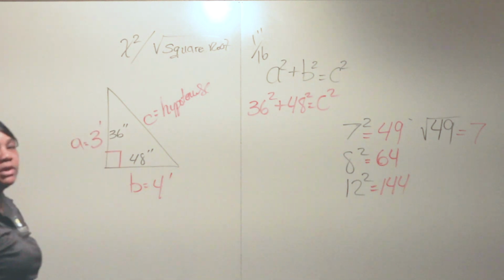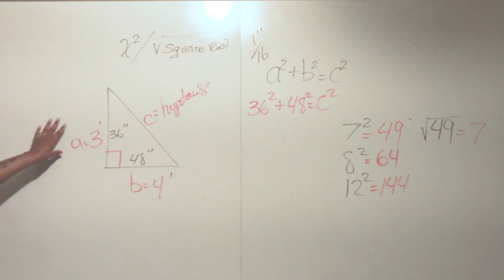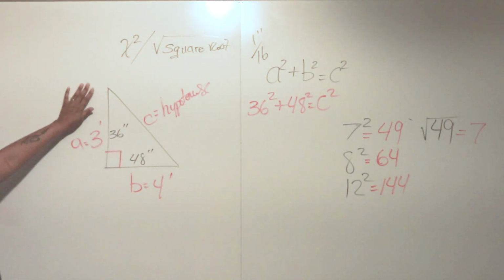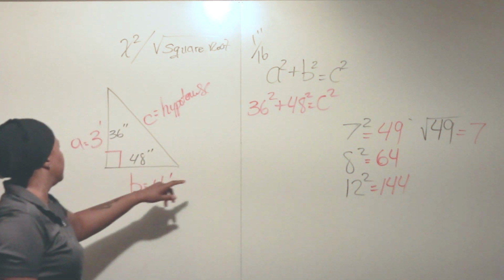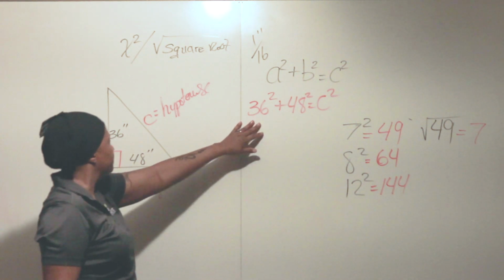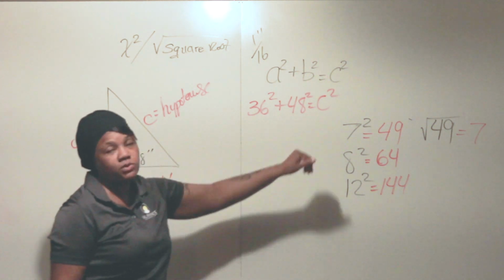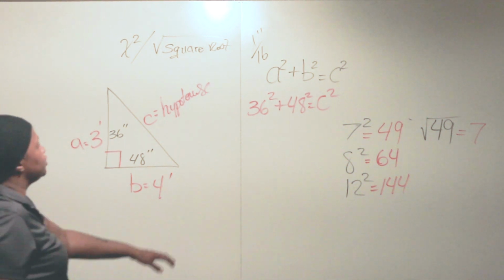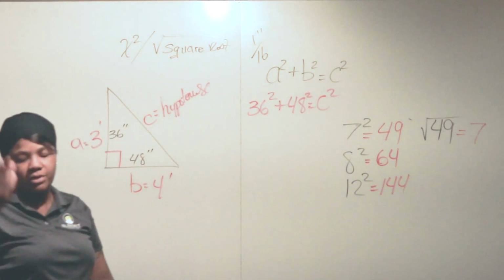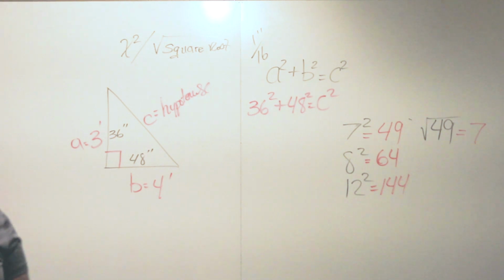So all you're doing is converting feet to inches. If you had inches, you would add it to the inches you already have, but you don't. And then you just plug it into the formula. A is 36 squared, B is 48 squared equals c squared, but we're looking for c. You have to square them and add them.